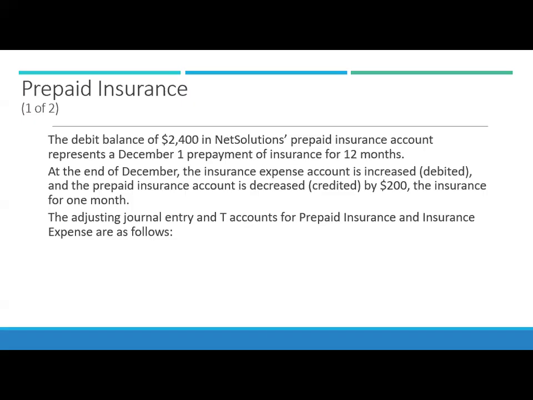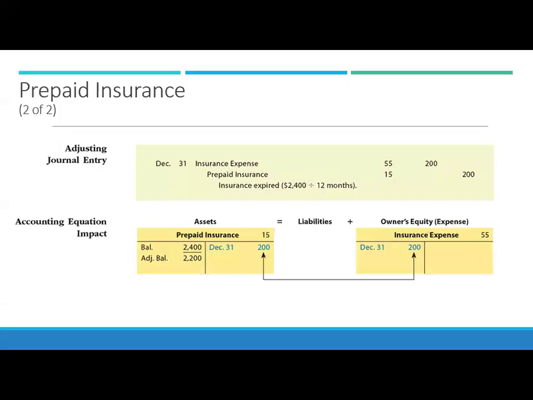So every month we need to record a $200 expense and reduce our prepaid insurance asset by the same amount every month. And so we debit insurance expense and credit prepaid insurance. Our beginning prepaid insurance balance was 2,400, and then we have our credit of 200 and then an ending balance of 2,200.